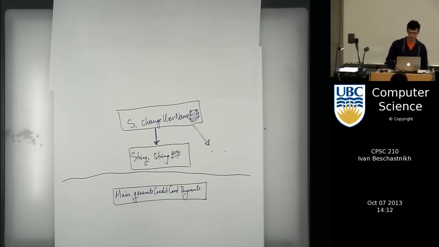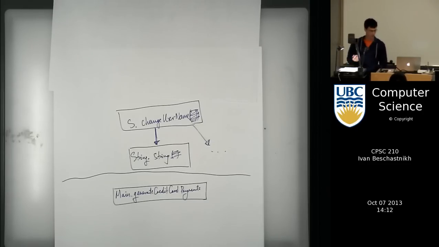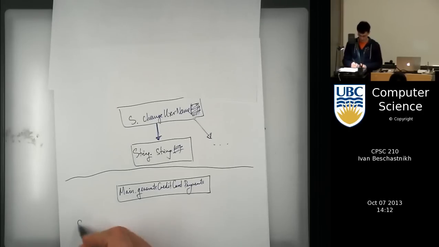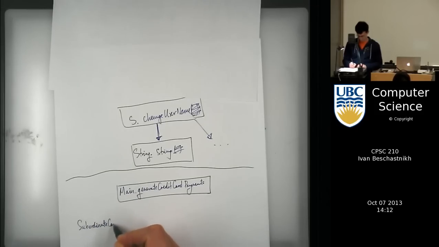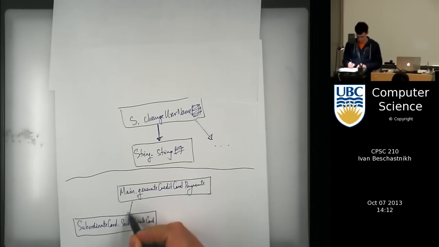So this is the first one. This is the coordinate card constructor. So I'll say coordinate card. So call number one.